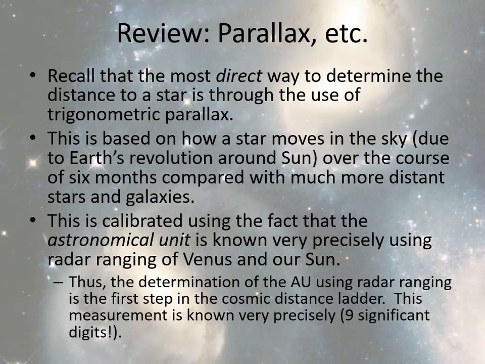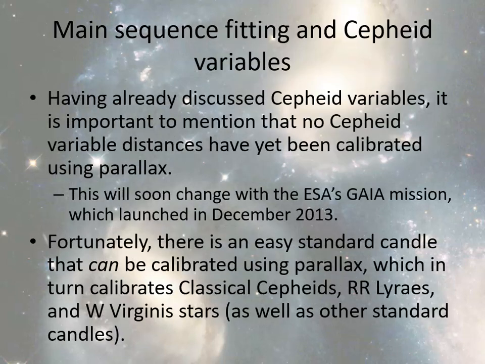In fact, the Gaia spacecraft is in the process of getting us parallax distances to objects on the other side of our galaxy. And certainly by 5 or so years from now, we will have very precise distances to a lot of really distant objects. So that'll be really awesome.